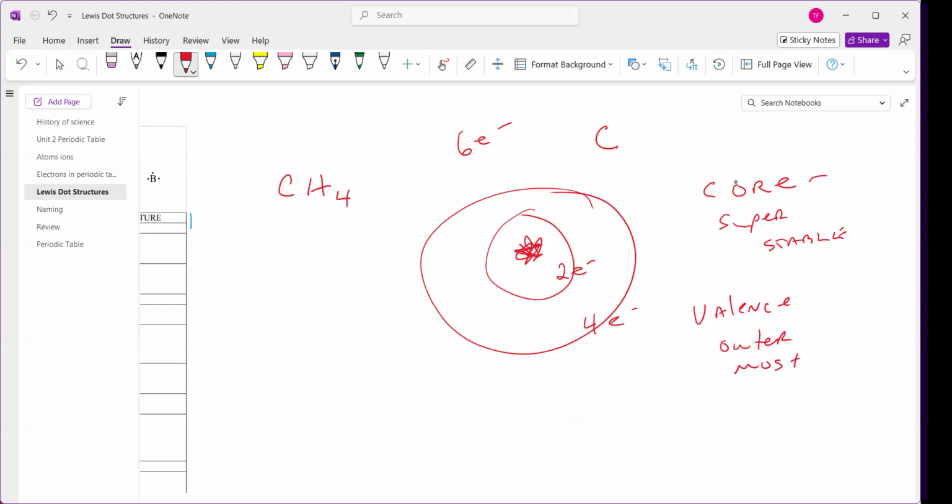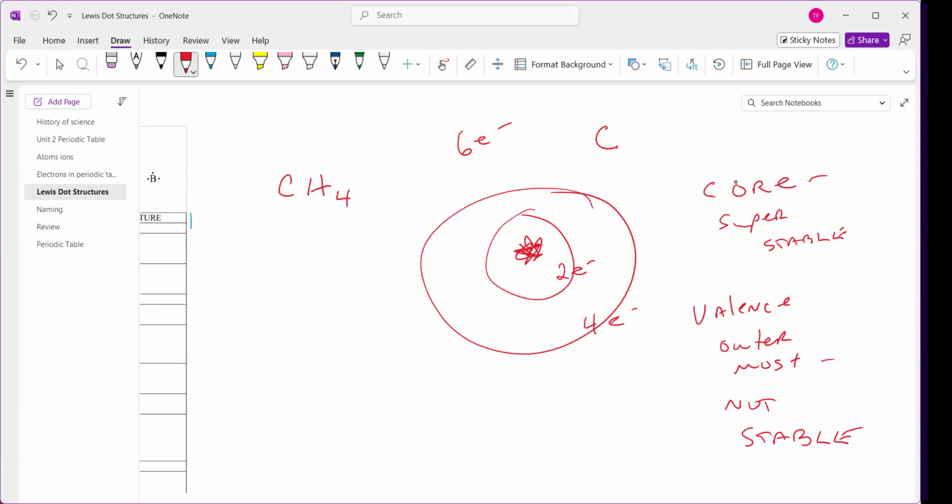Valence electrons are the outermost electrons, and they are not stable. Except for one exception. If the outer orbital was totally full, then it's very stable. That's the only exception. If it's not totally full, then it's unstable, those electrons.